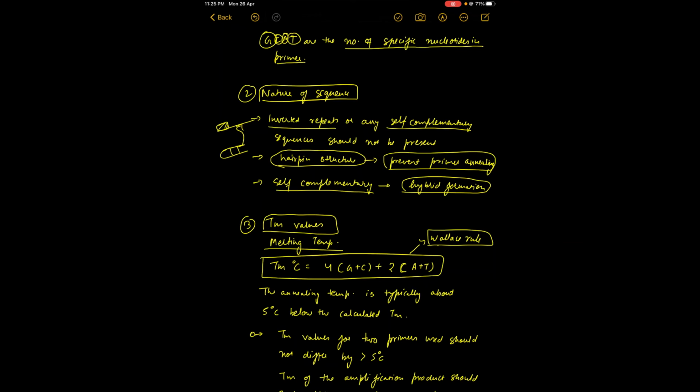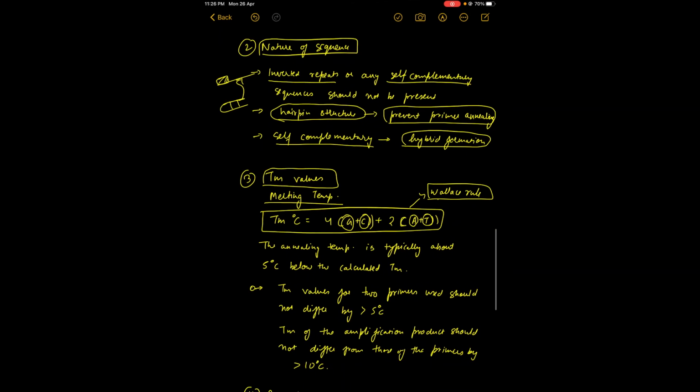There is the number of G nucleotides in our primer, then the number of C nucleotides, then we calculate the number of A nucleotides and T nucleotides in our primer length. Then we multiply with 4 the G plus C and with 2 the A plus T, and we get the temperature that is for the ideal purpose.